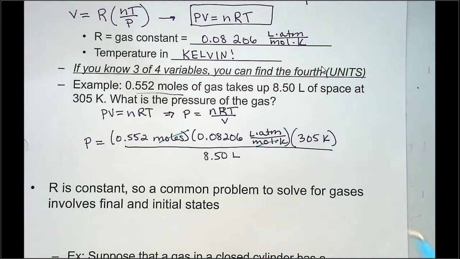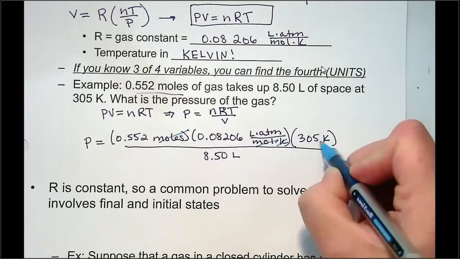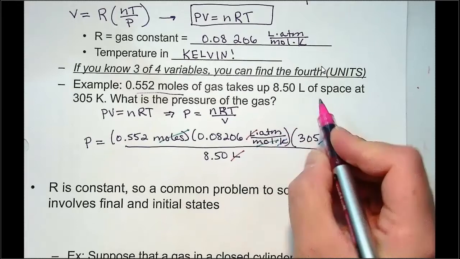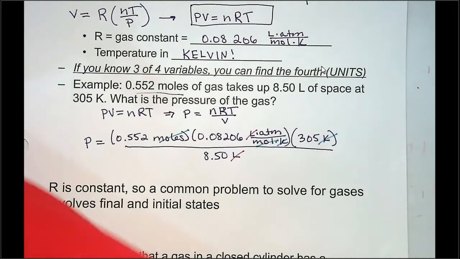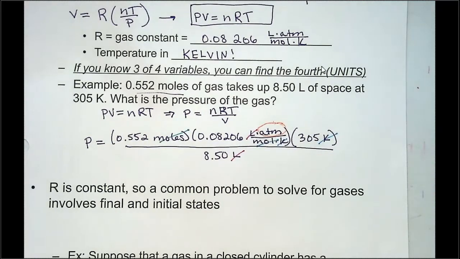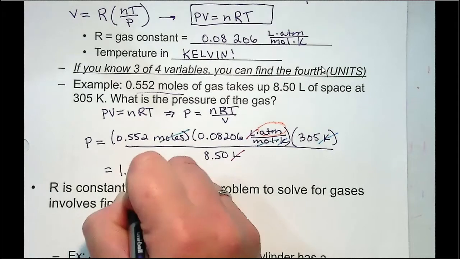Then Kelvin gets canceled with the temperature, Kelvin. Then liters cancel liters, and you're left with the unit you needed all along, which was atmospheres. Boom, nailed it. So your answer is 1.63 atmospheres.